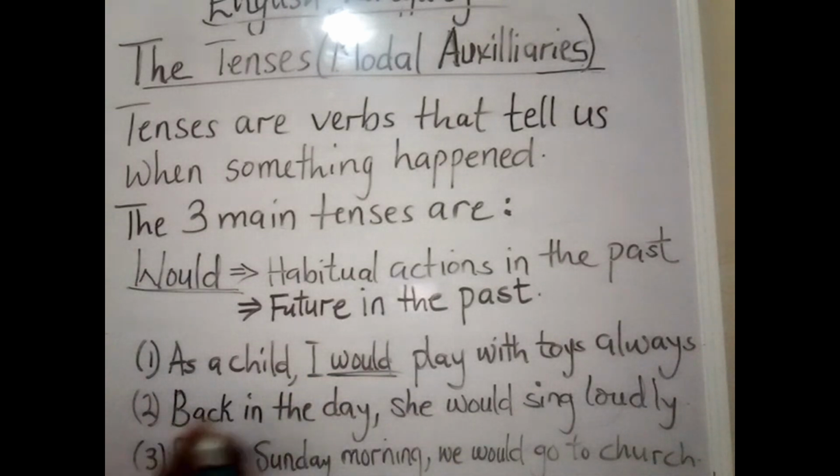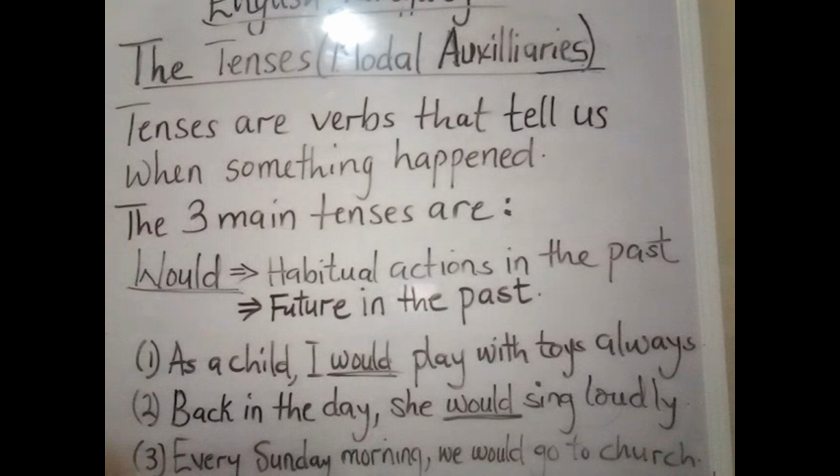Number 2 says, back in the day, she would sing loudly. In those days, she would sing loudly. Here again, we see would. It shows something that was a habit, a habitual action in the past. She was always singing loudly. And then the third example says, every Sunday morning, we would go to church.